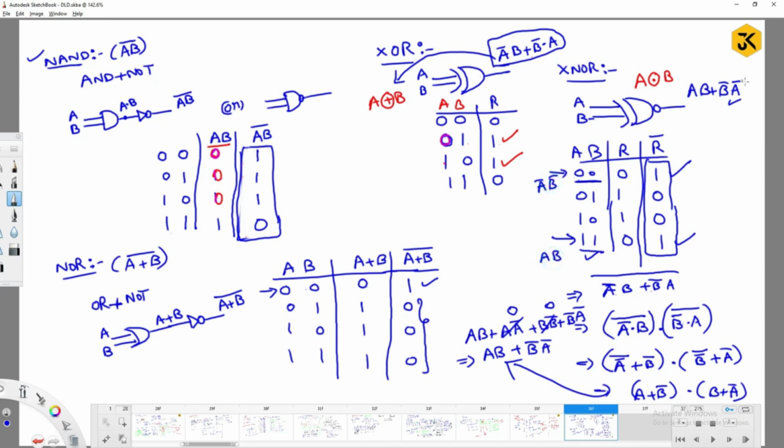So that's the reason you are going to get the equation like this one. This one is A bar B, and this one is A B. If you are going to perform OR operation, you will get it, meaning that for the XOR operation you are going to take the outputs as 1. This is the meaning of XOR gate as well as XNOR gate.